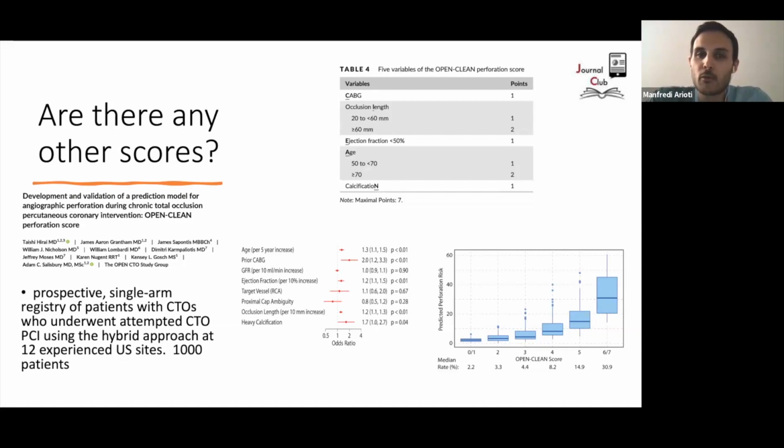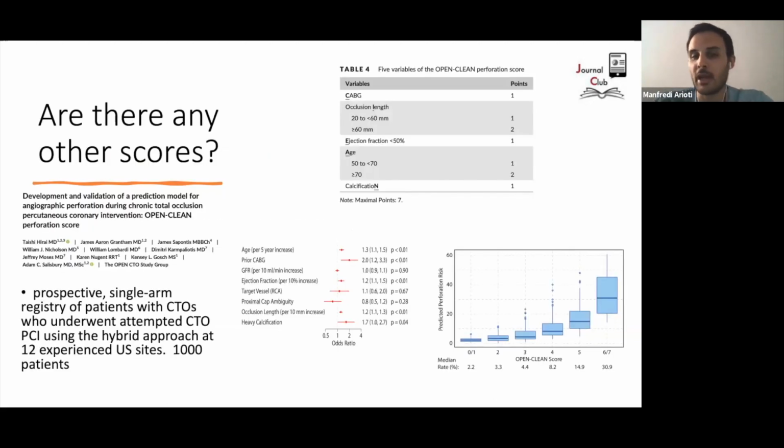But this is quite interesting, and maybe we can discuss this later. The variables that are actually in common are few, only age and the presence of calcification. And we can see once again how by increasing the Open CLEAN score for perforation, basically the risk goes up.